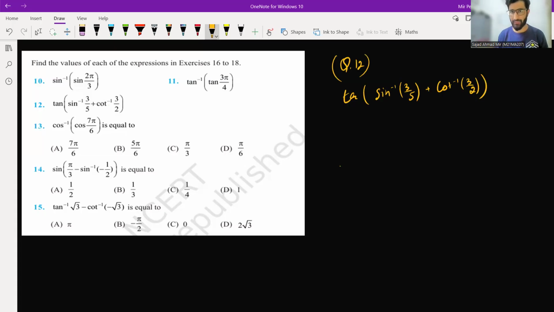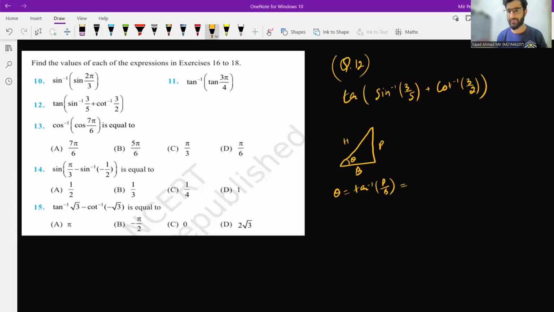Now, how can we directly convert sine inverse in terms of tan inverse? Suppose this is angle theta, this is perpendicular, base, and height. Then we know that theta can be written as tan inverse of perpendicular by base.